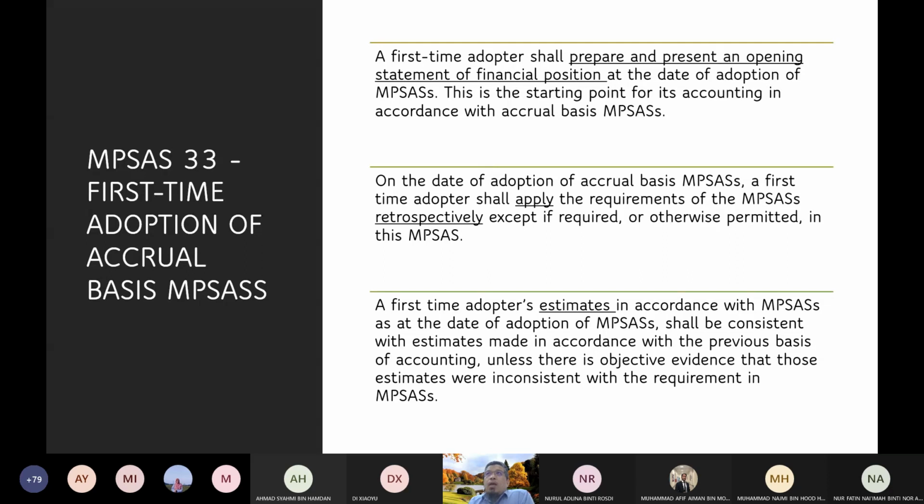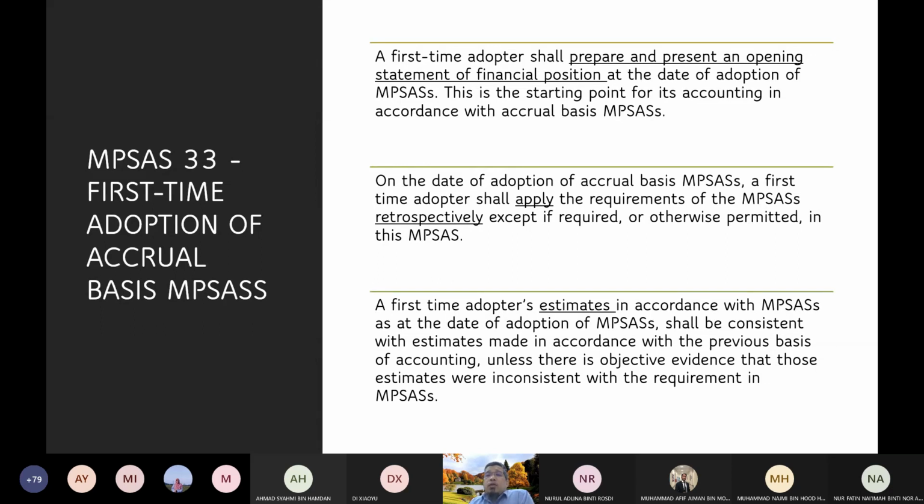I think the easy one, definitely, let's say PPE. What would be the opening balance of the PPE? And from there, all the transactions can be accounted under accrual accounting.